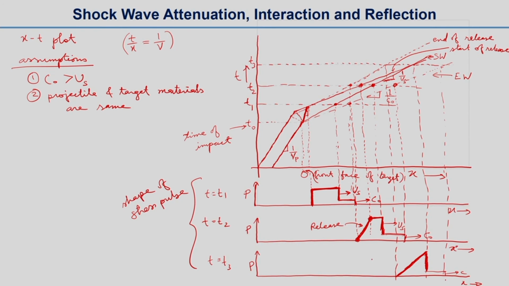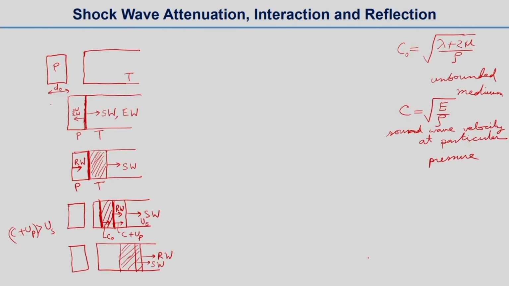Also we wanted to tell you about the initial duration of the peak shock pulse, which we did not discuss earlier. In this case it takes a time Tp equal to twice d naught by Us, where d naught is the thickness of the projectile.